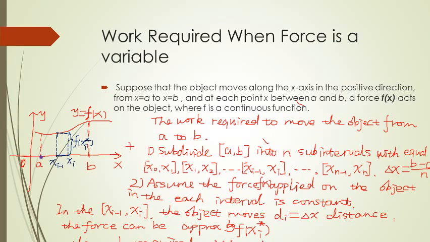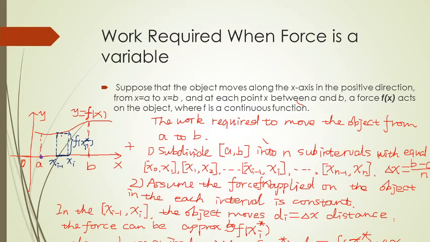What is this Wi? It will be the force in the i-th subinterval times the distance we moved. So this is the function value f(xi star) times delta x, right? This is the force times the distance moved in the i-th subinterval. But how can we understand this one?